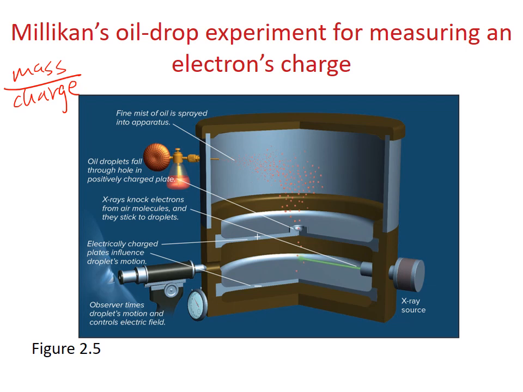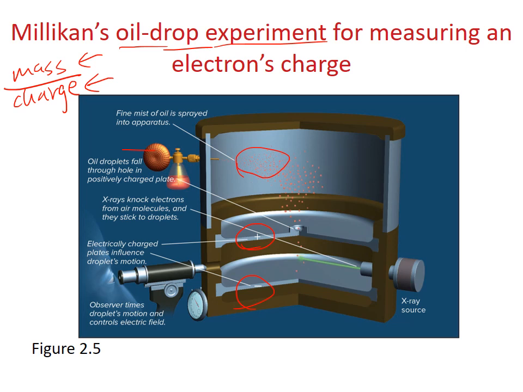In order to find the mass, we need to know the charge. In 1909, the American physicist Robert Millikan measured the charge of the electron by the oil drop experiment. In this experiment, the apparatus contains a positively charged plate and a negatively charged plate, and a setup that can generate oil droplets.